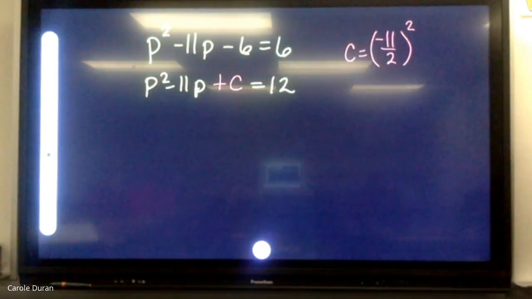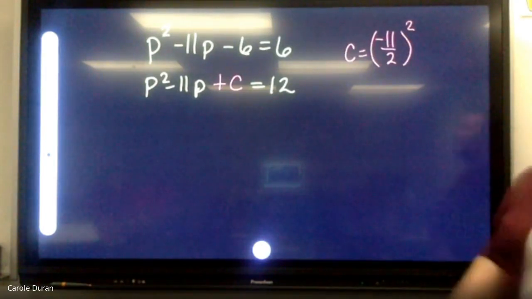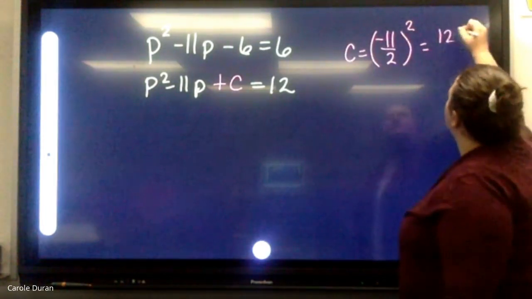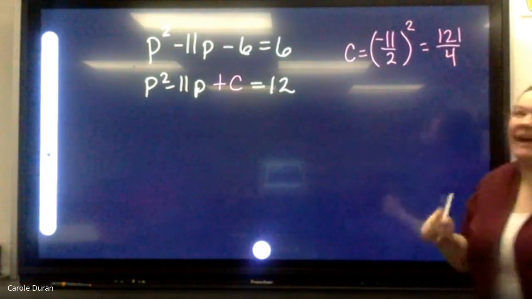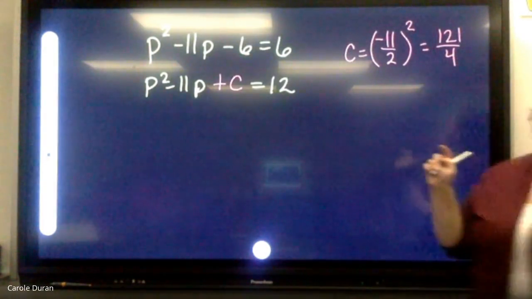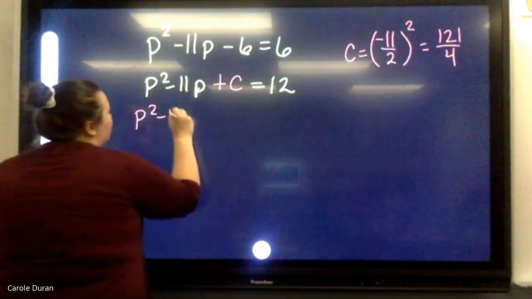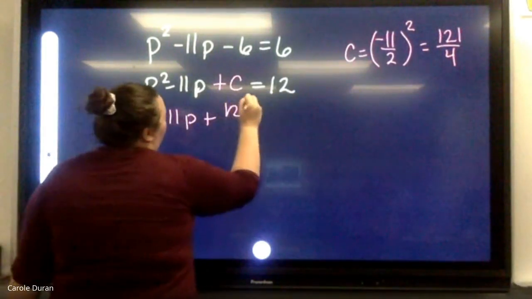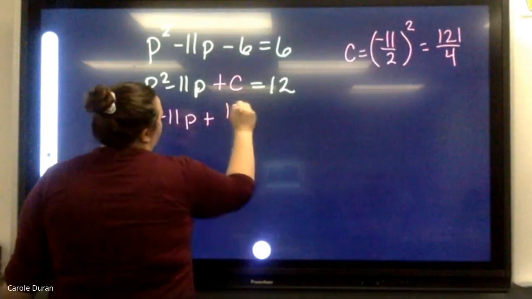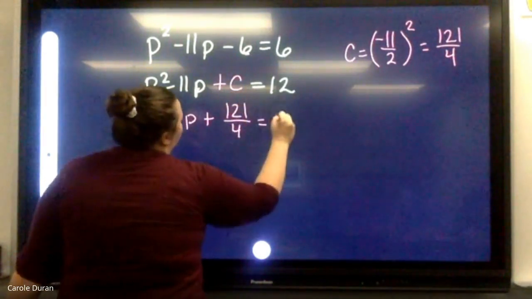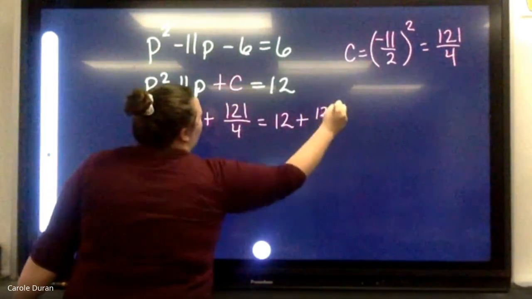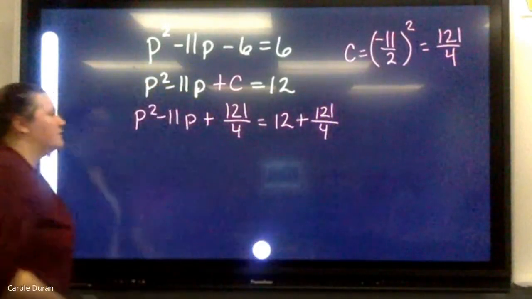So we're going to leave it as 11 over 2. And then when we square it, it becomes 121 over 4. Yes. So that is the value I'm going to be adding on both sides of my equal sign. So now I have p squared minus 11p plus 121 over 4. Fractions are fine. Equals 12 plus 121 over 4.